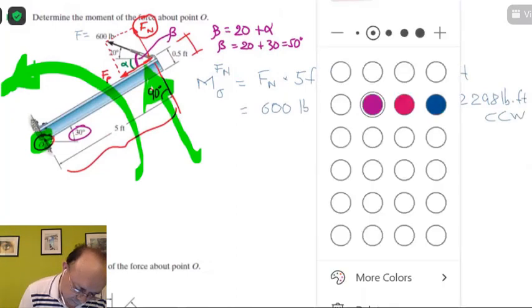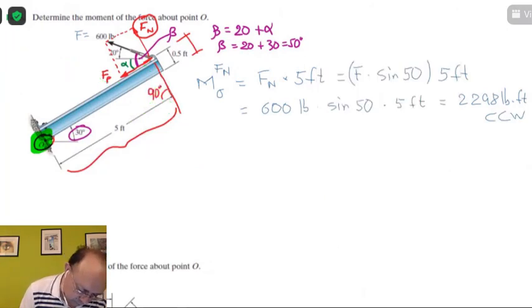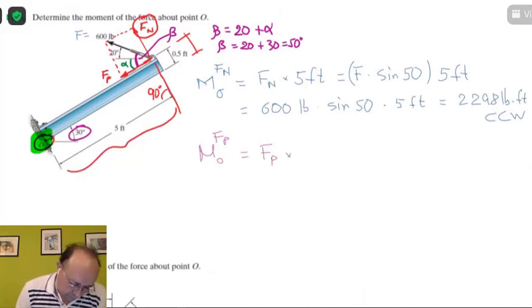Now, the moment of the parallel force with respect to O will be force parallel times the distance, which is 0.5 feet.